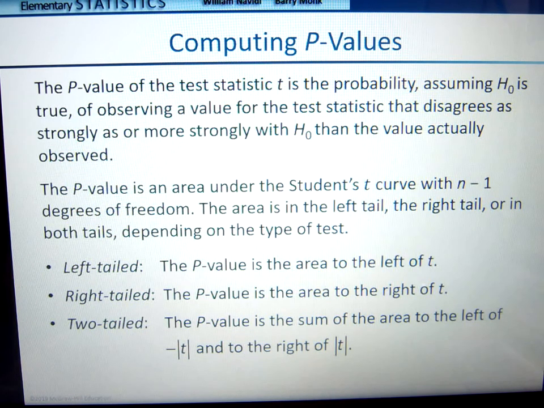The area is in the left tail, the right tail, or both tails, depending on the type of test. For the left tail, the p-value is the area to the left of t. For the right tail, it is the area to the right of t, and in a two-tailed test, it is the sum of the areas on the left and the right.